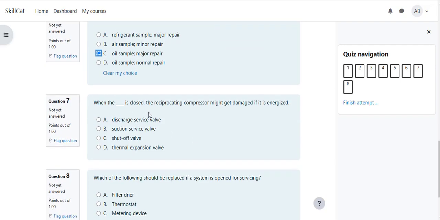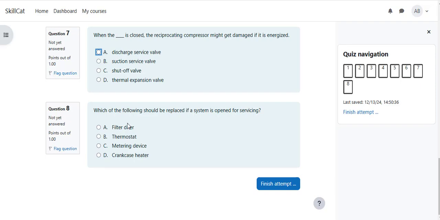When the discharge service valve is closed, the reciprocating compressor might get damaged if it's energized. Which of the following should be replaced if a system is opened for service? We must change the filter dryer all the time.